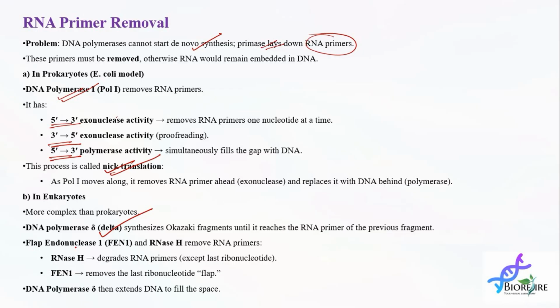Flap endonuclease 1 and RNase H are also helpful to remove the RNA primer. RNase H degrades the RNA primer and flap endonuclease removes the last nucleotides by the flipping process. Then DNA polymerase delta can extend the DNA and fill the gap.